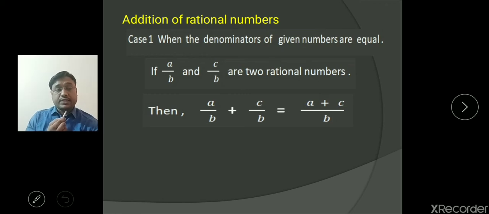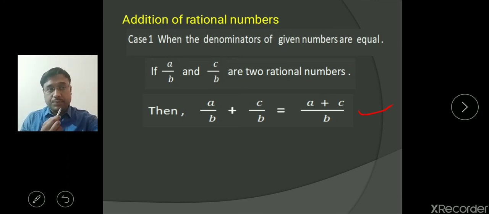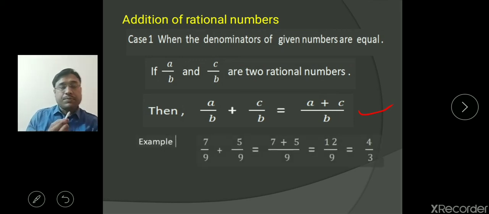So in this case, a by b plus c by b is equal to a plus c divided by b. A plus c divided by b means add their numerators and divide the sum by the common denominator, which is b.